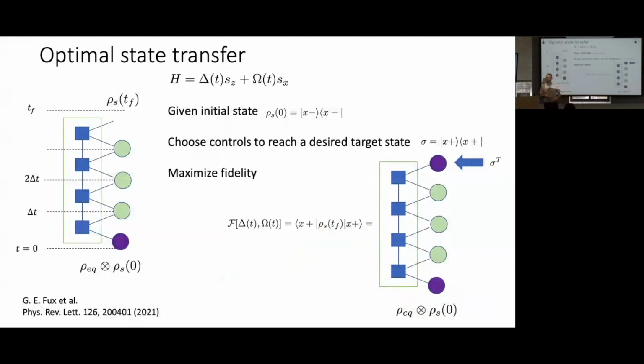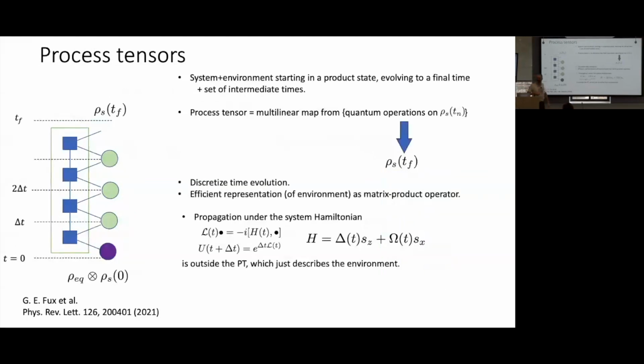Do you constrain your control? Because the optimal way to do it is to wait till the penultimate time, throw away the state, and then prepare the state you care about. The controls here are unitaries implemented by this Hamiltonian.